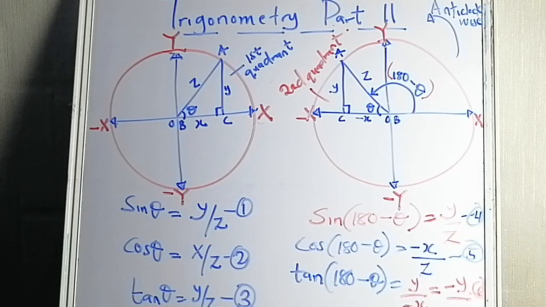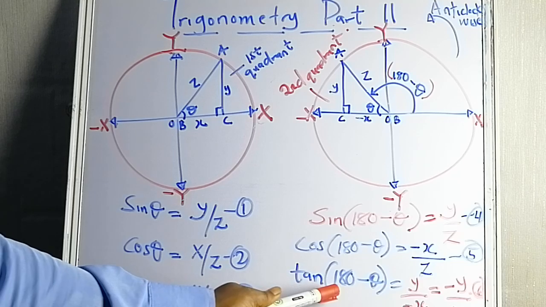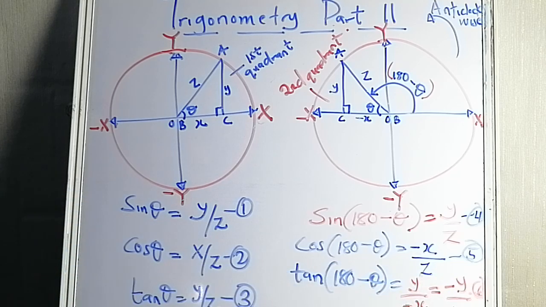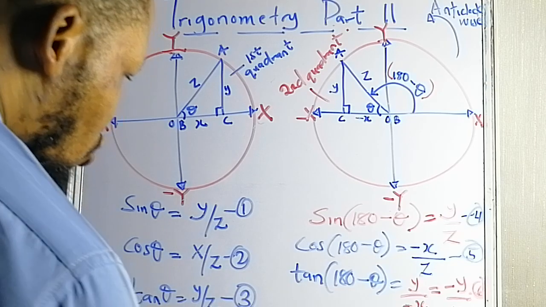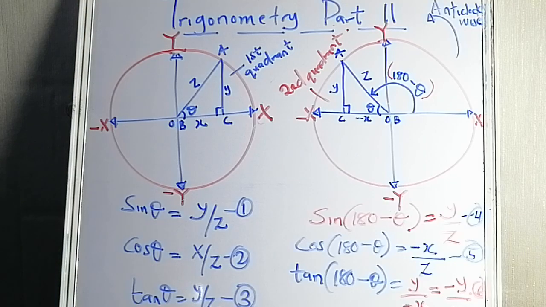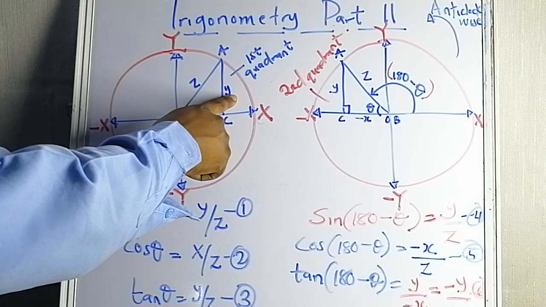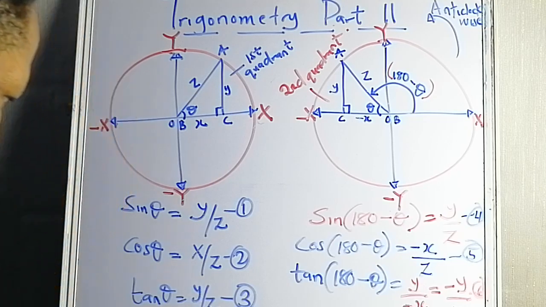Don't be confused. Try to understand the concept. Look at this one too. Tan 180 minus theta is minus y over x. Sorry, that is TOA. Our TOA here is y over x, not y over z. Sorry about that.